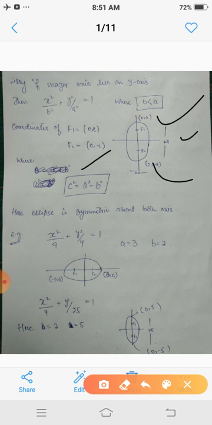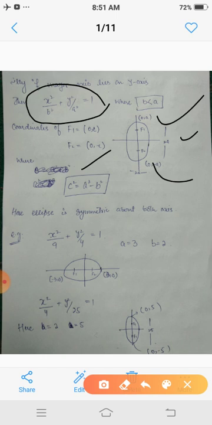Using c square equals a square minus b square, the equation of such an ellipse is x square upon b square plus y square upon a square equals 1. Here the denominator of y square is greater than the denominator of x square.